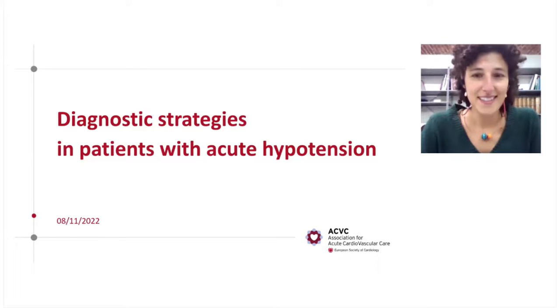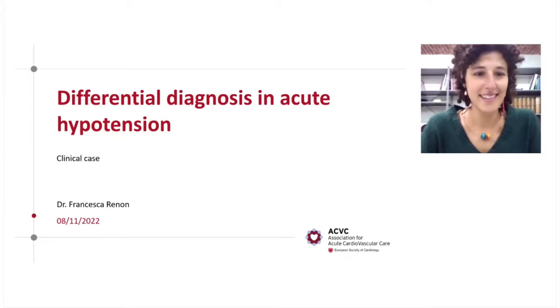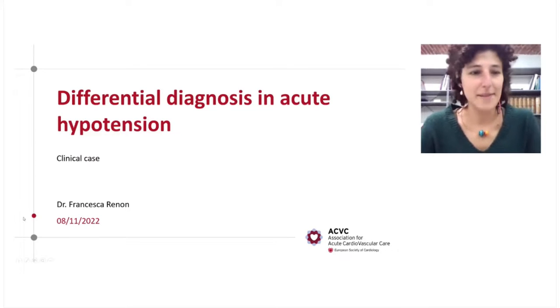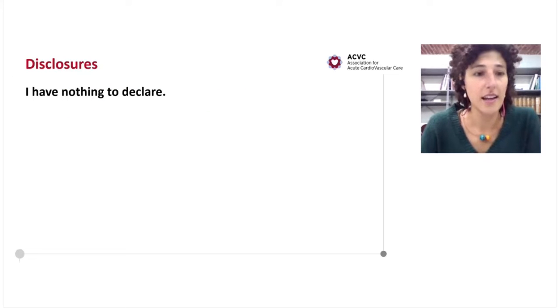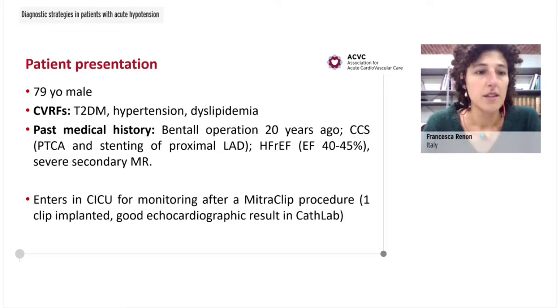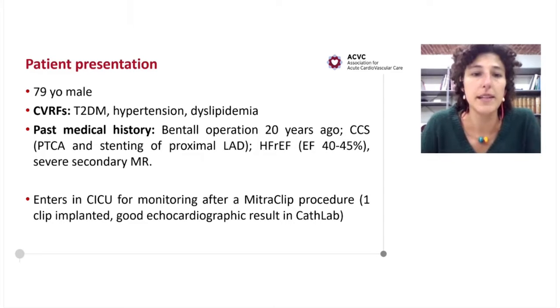Hello, good afternoon, everyone. As anticipated, I will introduce the session with a clinical case. I present a case of a 79-year-old gentleman with multiple cardiovascular risk factors: type 2 diabetes mellitus, hypertension, and dyslipidemia.